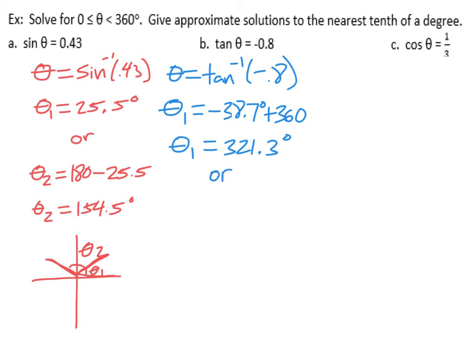Case number 2. Now, I find this part right here to be one of the toughest cases that you will find, okay? So our thing for tangent says take 180 plus your first answer, okay? So tempting to go to 321.3 and say, hey, that's answer number 1. However, we have to go back to literally the number the calculator gave us, okay?